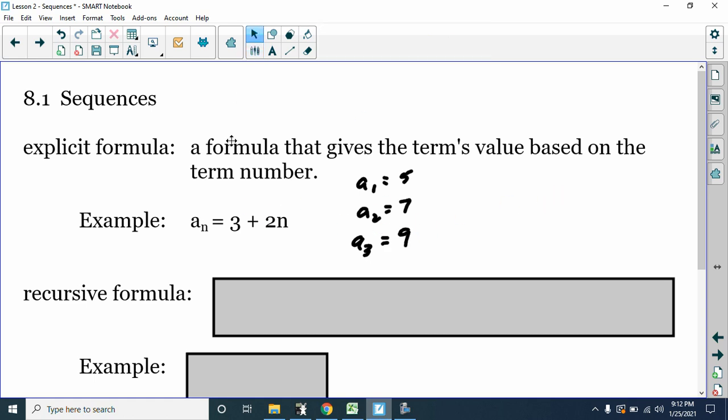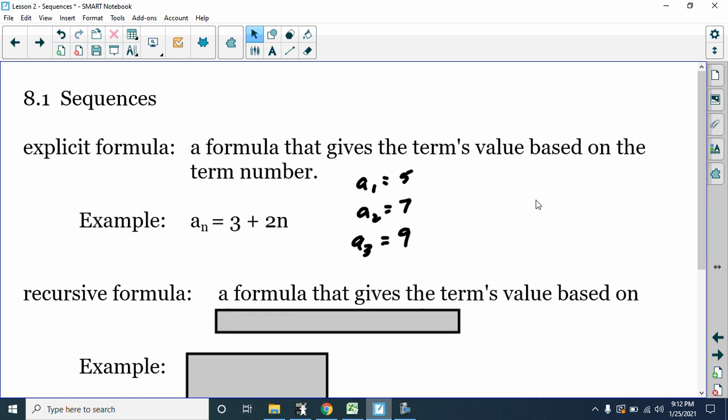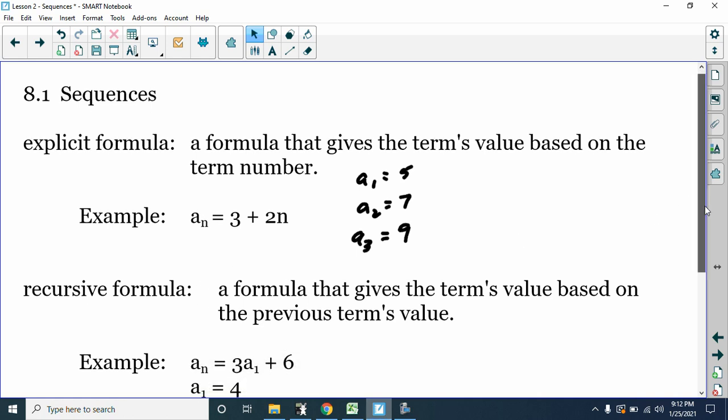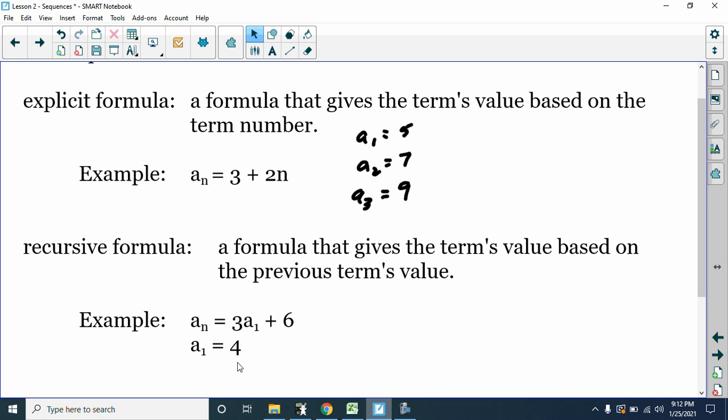A recursive formula gives the term's value based on the previous term's value. So an example there, they would need to give you the first term. A sub 1 equals 4. A sub n is equal to 3 times a sub n minus 1 plus 6. So in this case, my first term is 4.